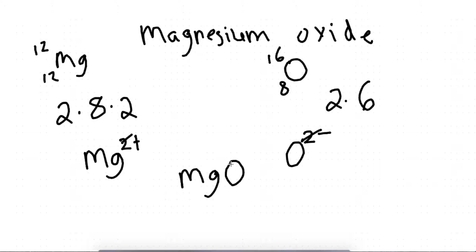Okay, let's do a bunch of questions and form a bunch of compounds, okay? Now, before I do that, just to let you know, guys, anything that's a metal will be positive, okay? The charge varies, it could be +1, +2 or +3, but all metals are positive, all non-metals are negative. So let's look at what are positive.